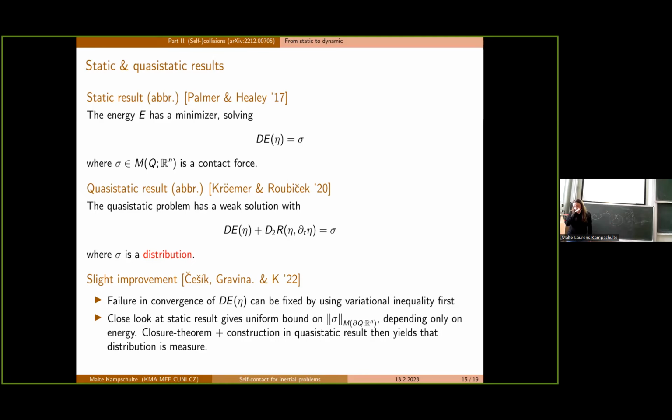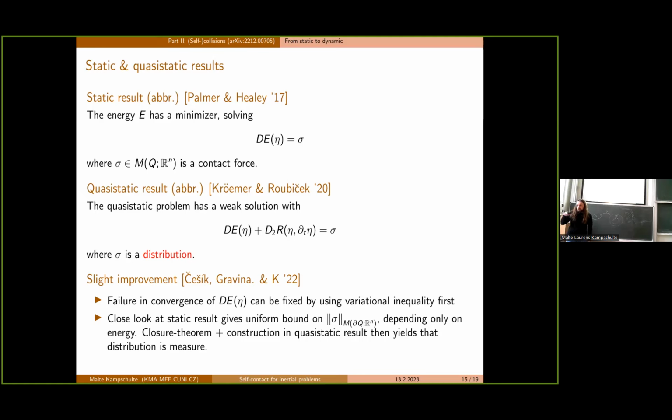And so you get convergence of your DE from your approximation. And then even further, you don't need to construct your contact measure from that, which would get you into all that work with Palmer-Healy again. But you can also say, if you do what we did, get an explicit estimate on the contact force as a measure.